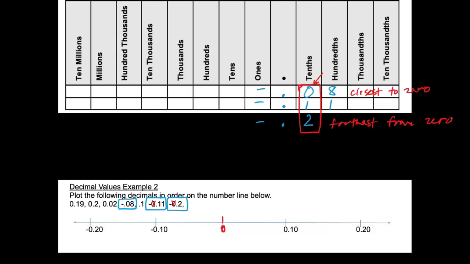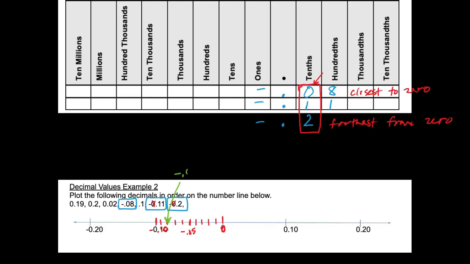If we think about starting at 0 on the number line and then jumping to negative 0.10, we could label what would be in the middle. That would be negative 0.05, and then negative 0.01, negative 0.02, negative 0.03, negative 0.04, negative 0.05, and then 0.06, 7, 8, 9, and then 0.10. That allows us to plot negative 0.08 right here.